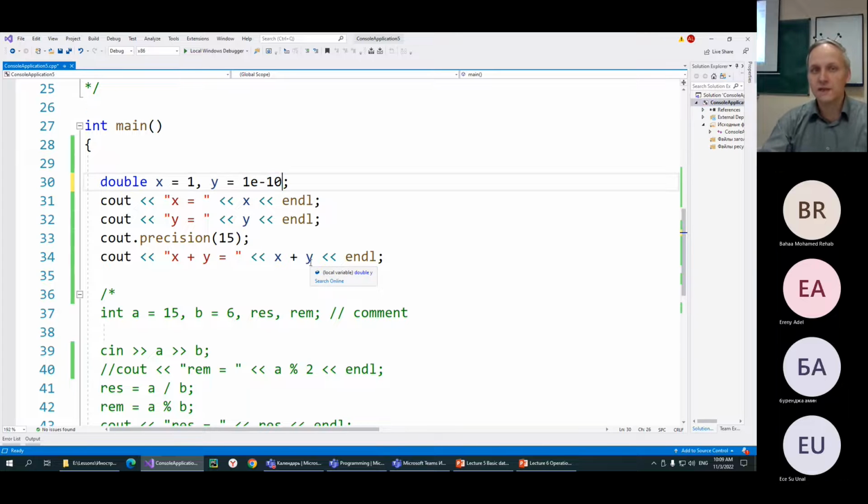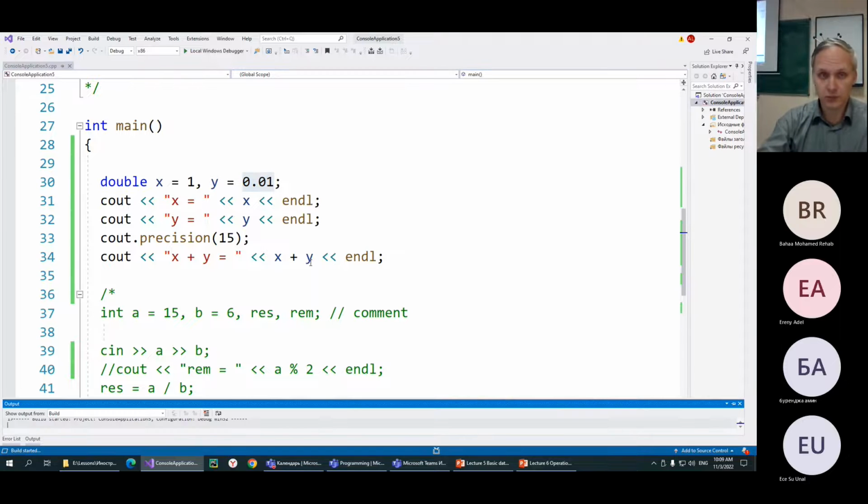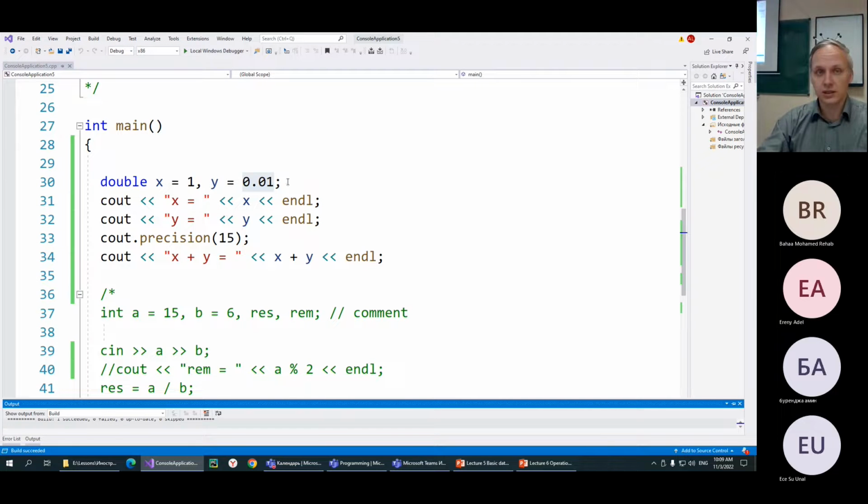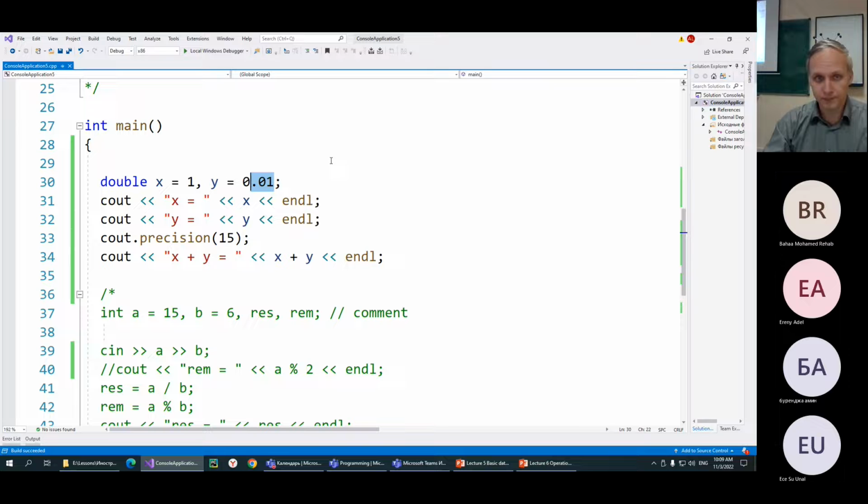Of course, if the number is just, for example, 0.01, it's better to write it in the usual form, 0.01. But if the number is very large or very small, it's better to write it in scientific form, 1e minus 10.